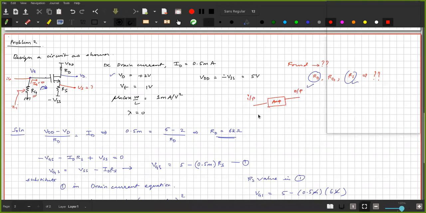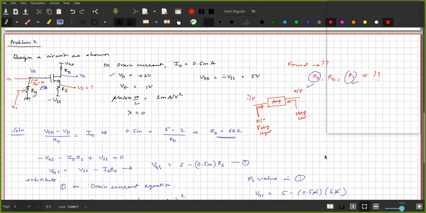Ideally, what should happen in an amplifier is that its input impedance ZI, when you look from this direction, should be very, very high. And the output impedance which you see like this should be very, very low. This you have already learned in LIC.